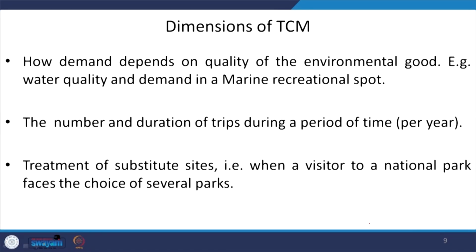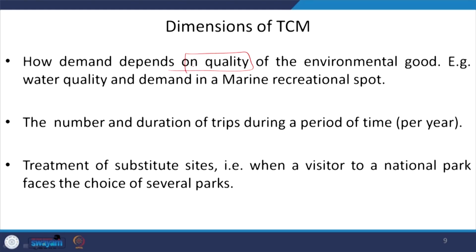Based on these assumptions, we can now talk about three dimensions of the travel cost model. The first thing we must understand is how demand depends on the quality of the environmental good. If the environmental quality, or even the water quality, of a particular marine recreational spot is good, then the demand for this spot will increase.